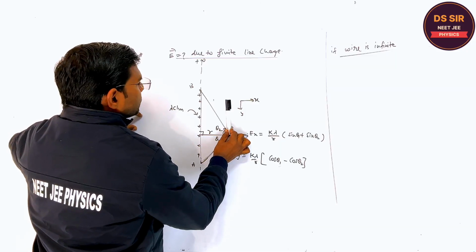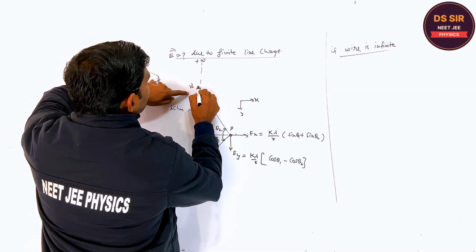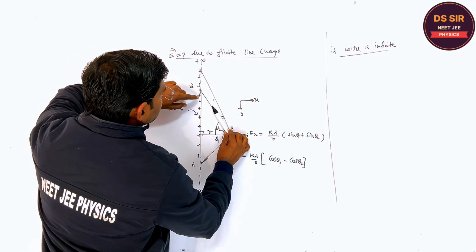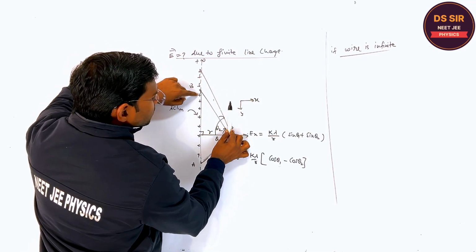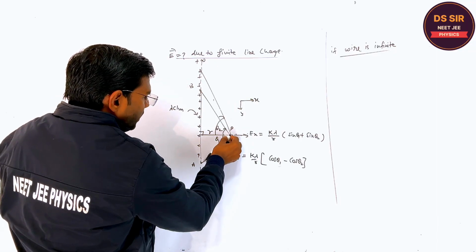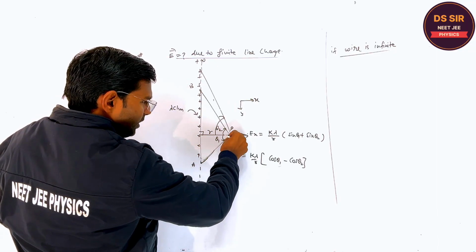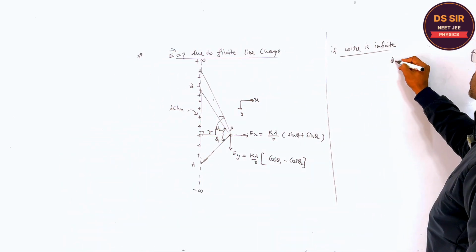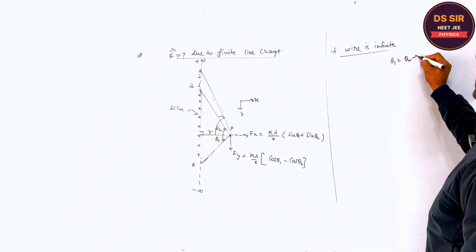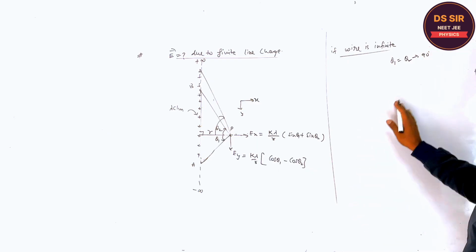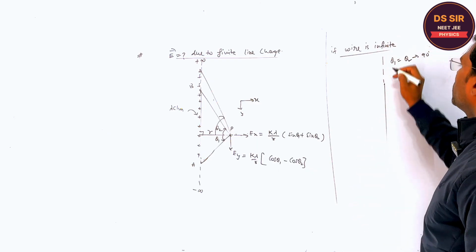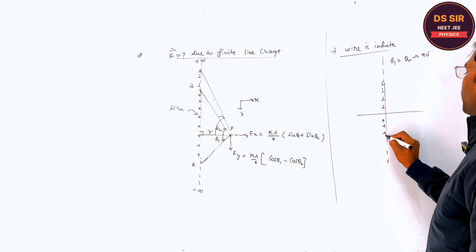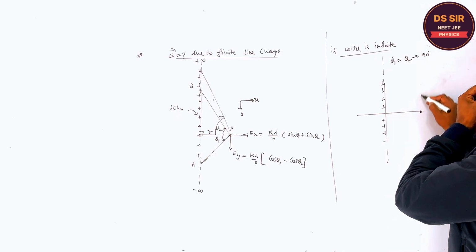So this angle is increasing, slowly increasing, and it becomes 90. In the same way, the other angle is increasing too. If the wire is infinite, theta 1 and theta 2 tend to 90 degrees, right? It means they tend to 90 degrees like this. If this is the wire, this is the 90 degrees.